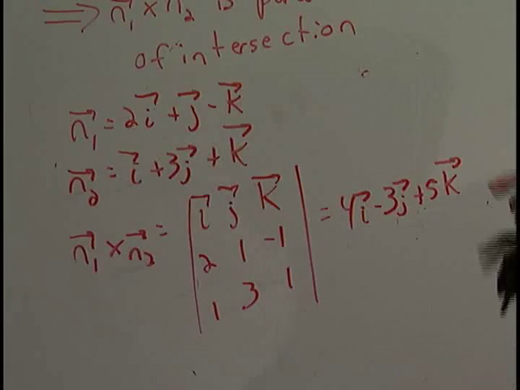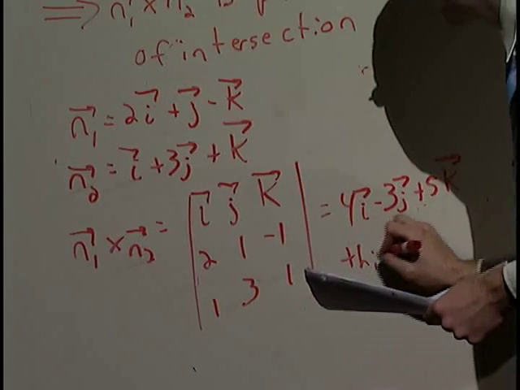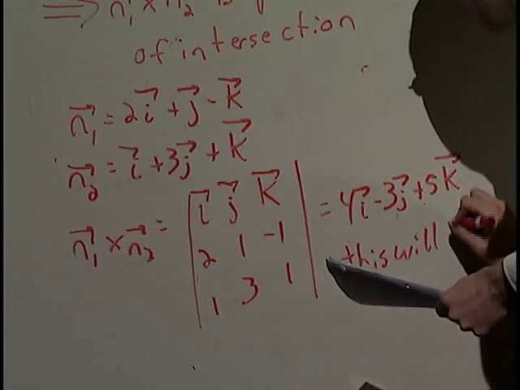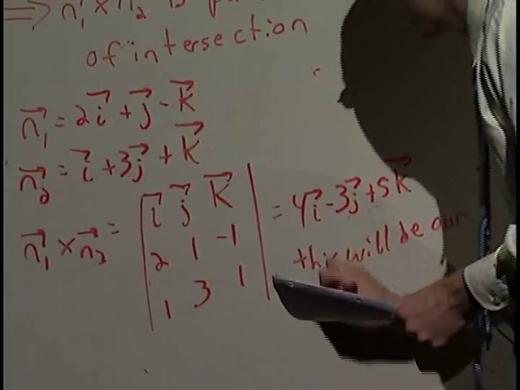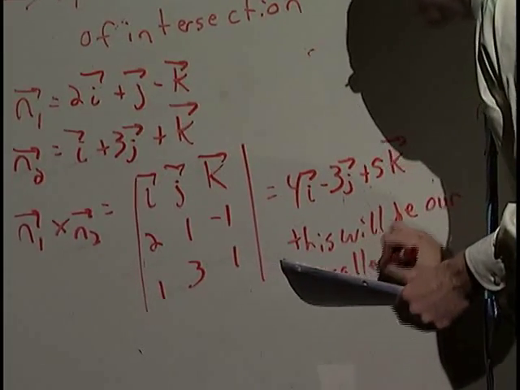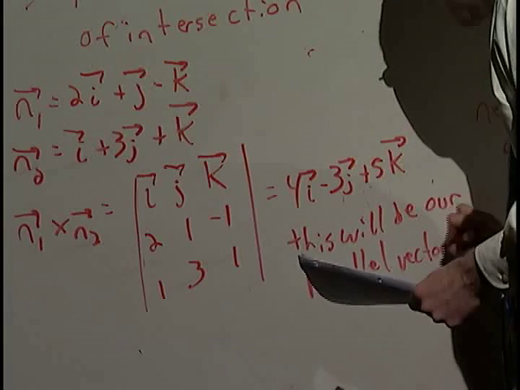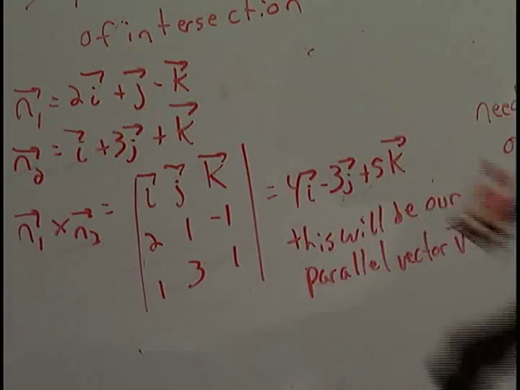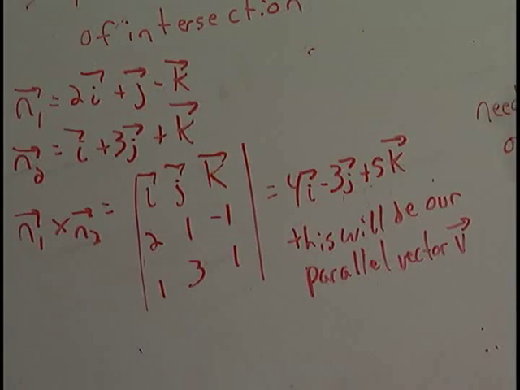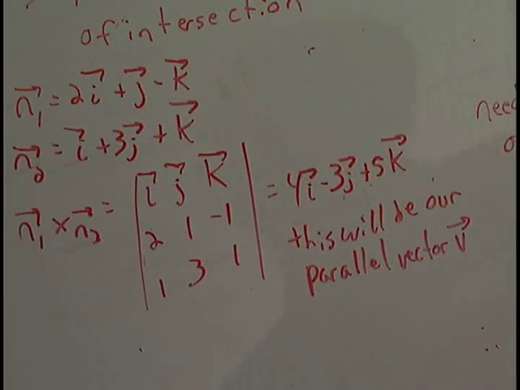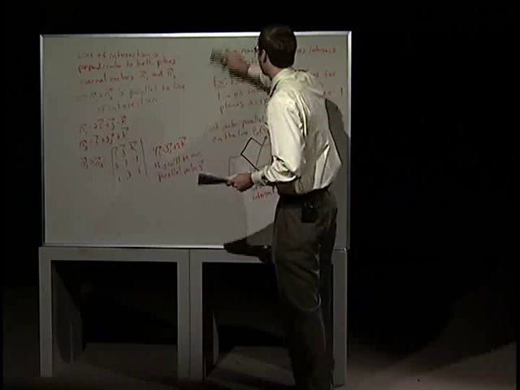Okay. And so this will be our parallel vector v. There you go. So there's our parallel vector v. All right. Well, we're halfway through.